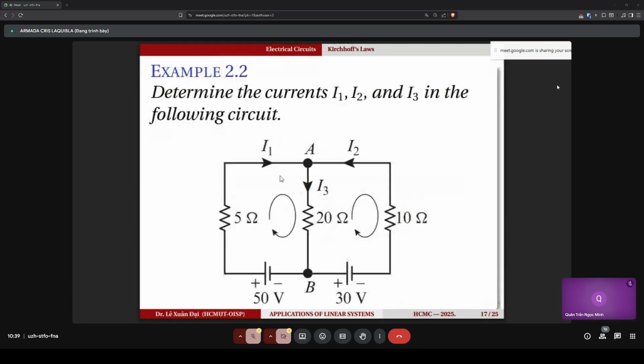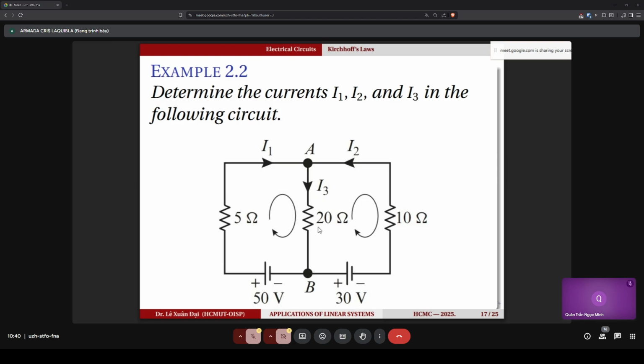Next we have, what can we form here? Look at the current I1. This is the current, and the resistance here is 5 ohms. So 5 times current I1, and then here you have 20 ohms times the current I3.